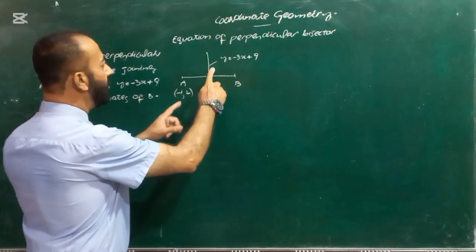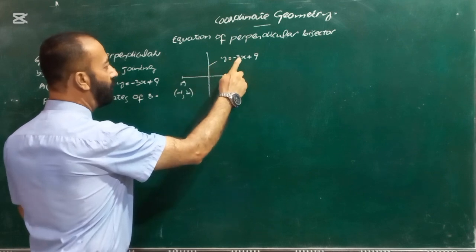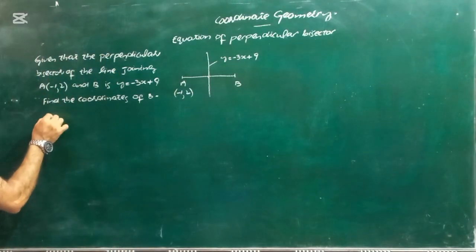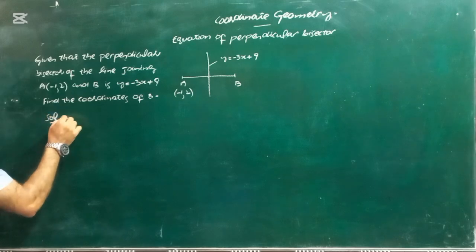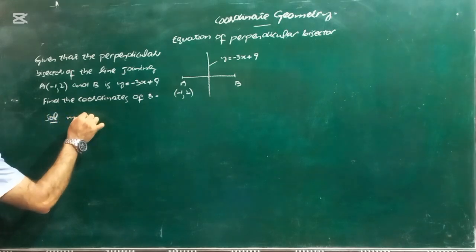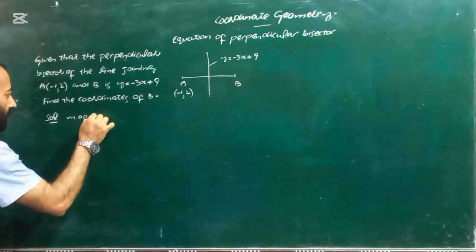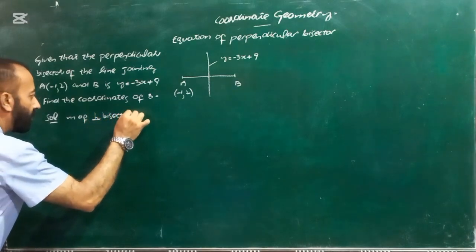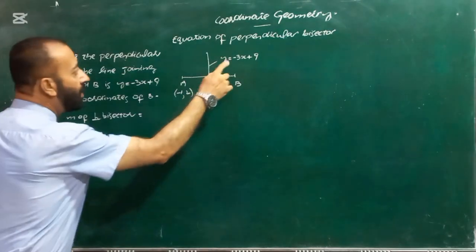Okay, first we will find the gradient of the perpendicular bisector. So look now, here is the solution. Gradient of the perpendicular bisector is minus 3.